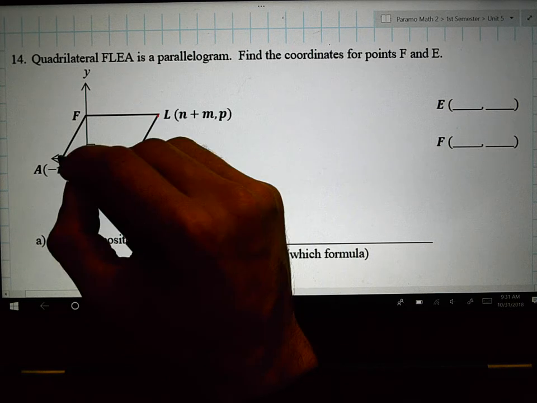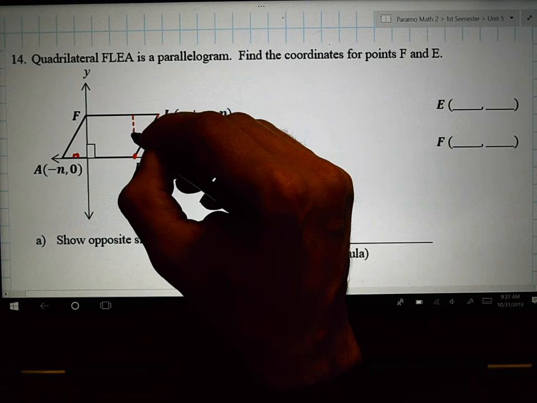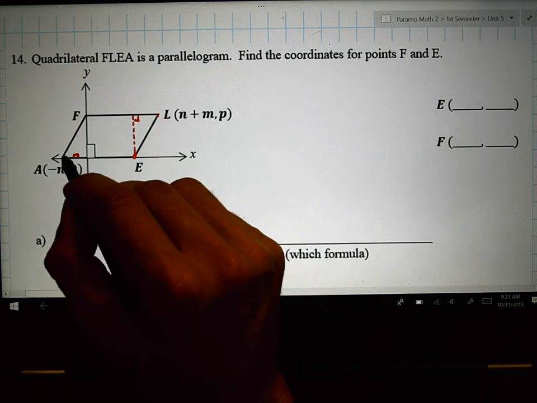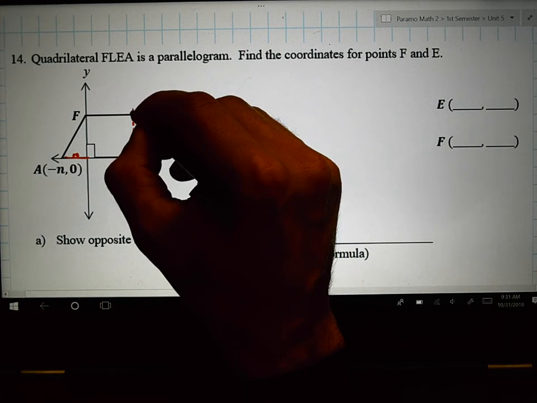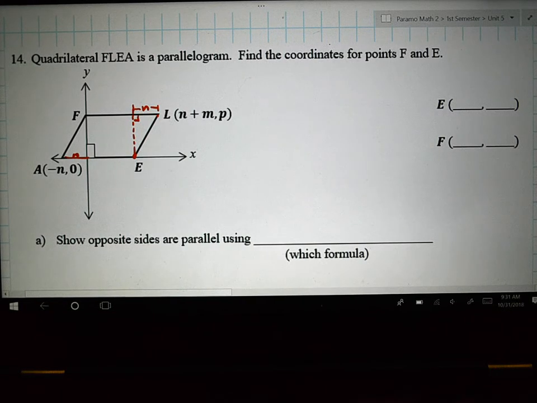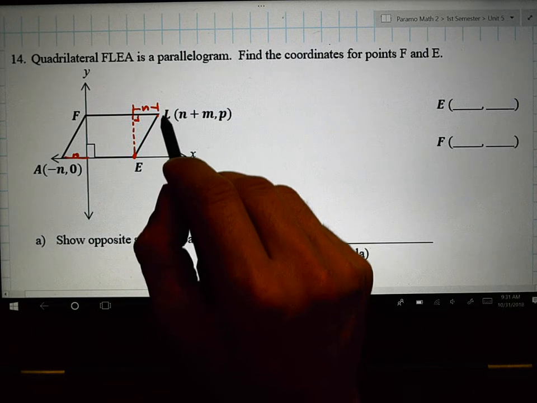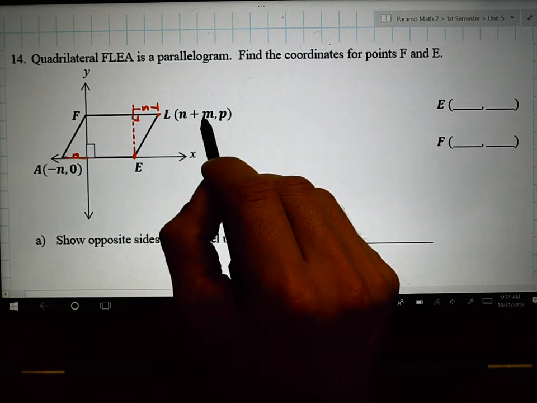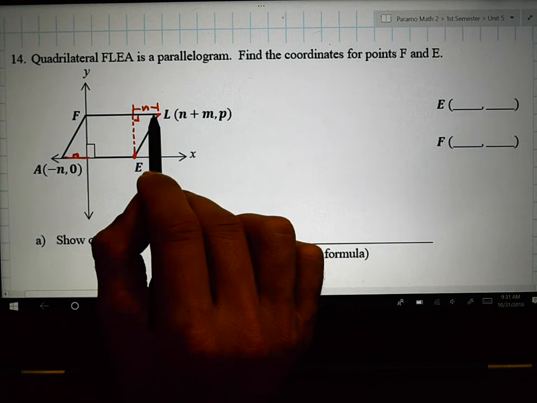Since I know that this distance of this part of the triangle, I'm going to draw a little dotted line here. Because I know this distance is going to match this distance, I know that this is about n units from here to there. Has to be n units. And I notice that this point L has n plus m. I bet you I know how far this is now because I know what this coordinate is at.